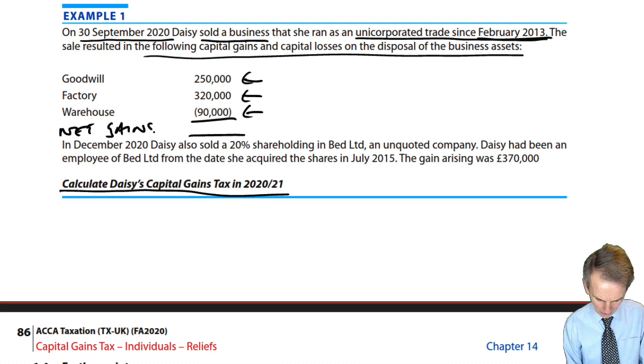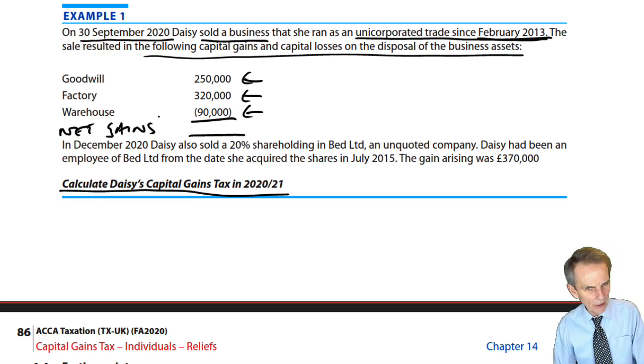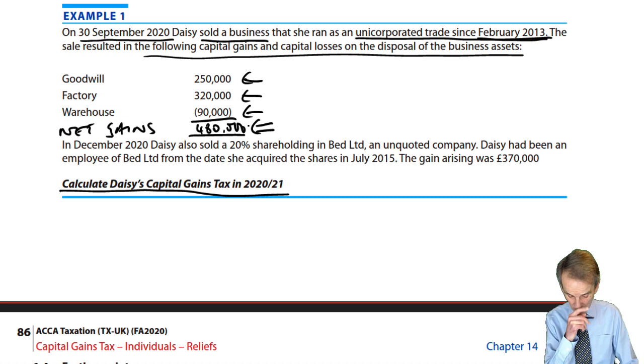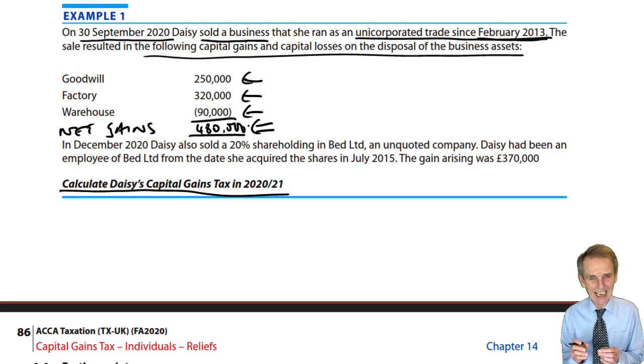For this purpose, irrespective of any other gains made by the taxpayer in the tax year, the gain that will qualify for this relief is this net gain in here. So we've got 250 plus 320, so what's that? That's 570 less 90, so that's going to be what, 480,000, is it? Better use your calculator and check that. But it is that net gain.